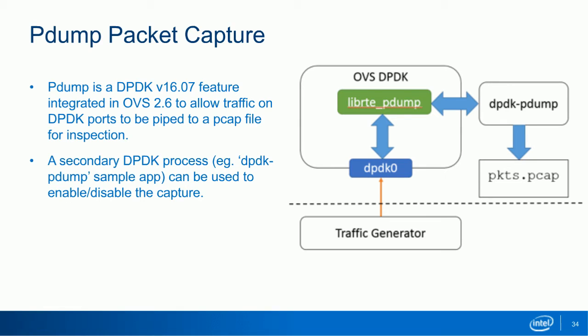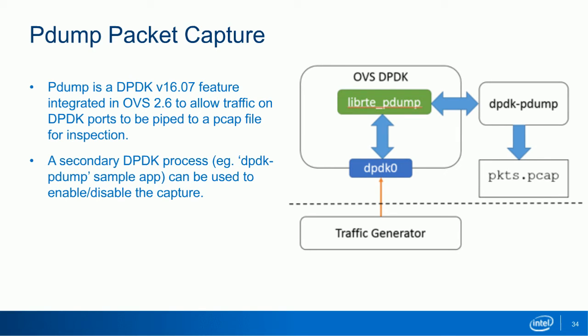This wasn't possible beforehand, and it has always been a gripe with the community: if you're using kernel OVS, you can use something like tcpdump to monitor these interfaces, but when you use DPDK, you've moved to user space, and you can't use tcpdump anymore. So this is something we implemented to work around this. You can think of pdump as tcpdump for DPDK devices.